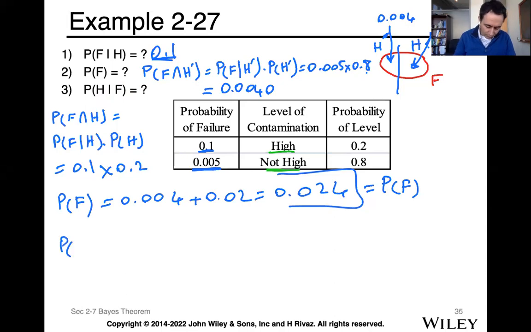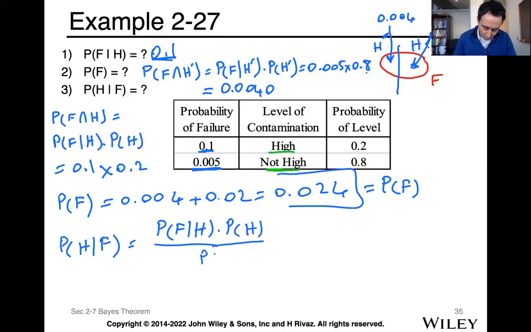So probability of H given F is probability of F given H times probability of H divided by probability of F, right? We know probability of F given H, that is 0.1. Probability of H is high contamination, it's 0.2.